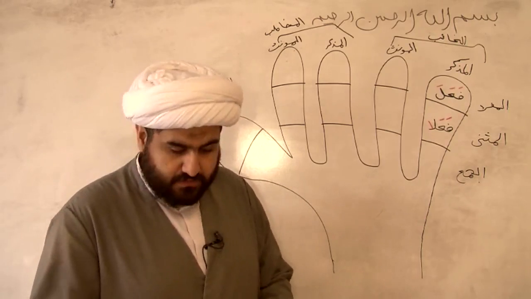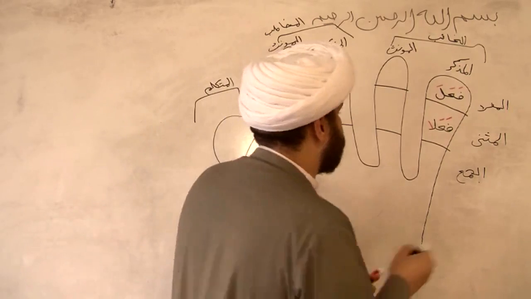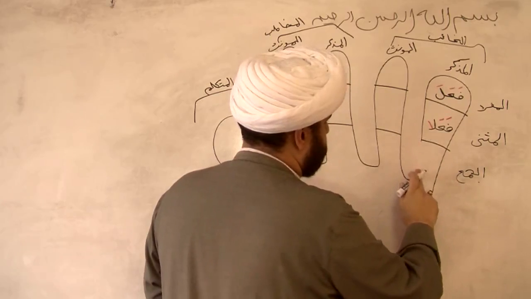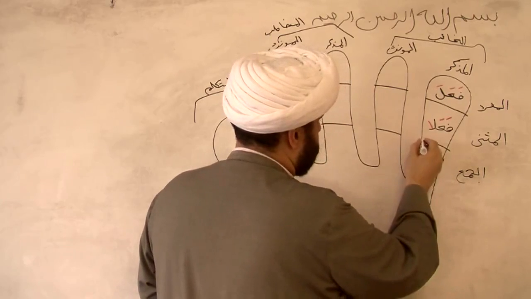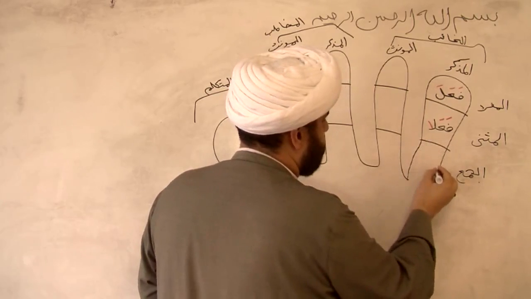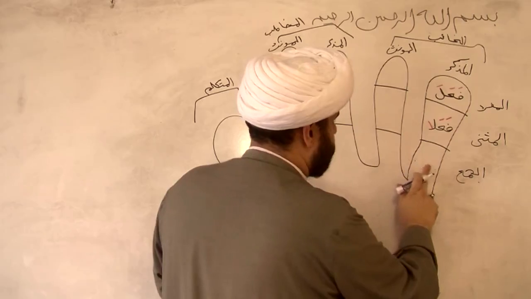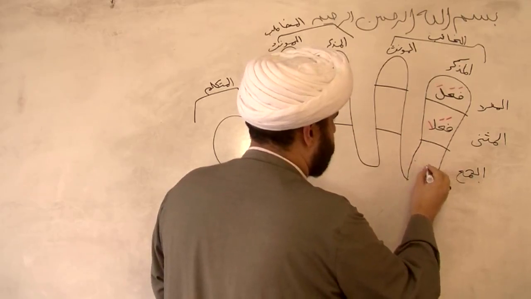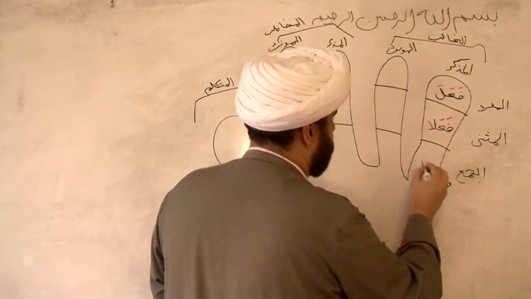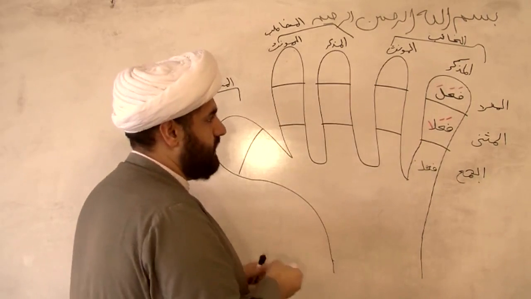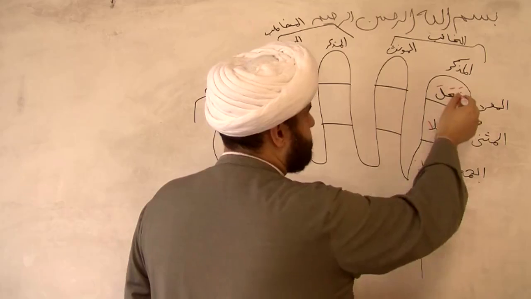Okay? So that is the way we make the jam'ul mudhakkar al-ghaib. We have fa'alu. Now, the same type of vowels, as we say, it is made from the first sigha.